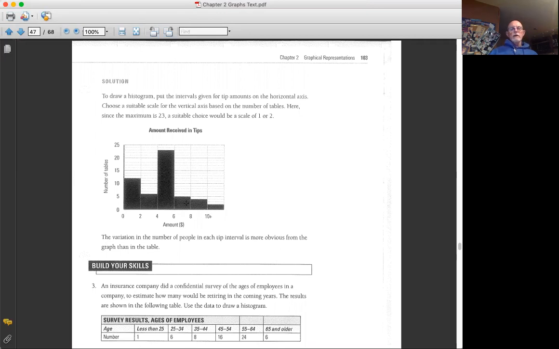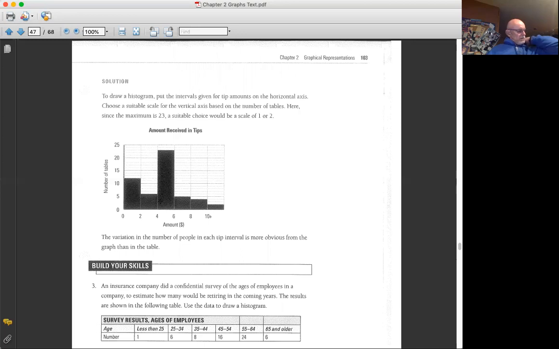So what is the most obvious thing here? What is more obvious from the histogram than the table below? A lot, most are between $4 and $5.99. That's what it looks like.